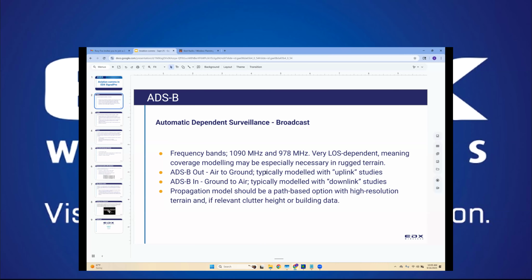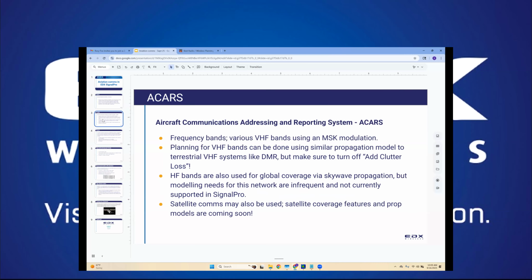But let's jump on to look at this other technology here, the ACARS system, which is Aircraft Communications Addressing and Reporting System. This is both voice communication and the digital data that gets encoded periodically and automatically sent.